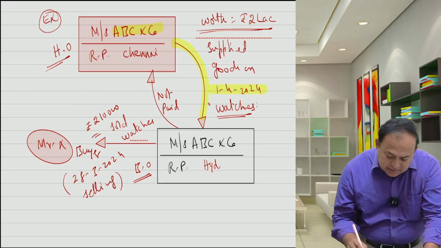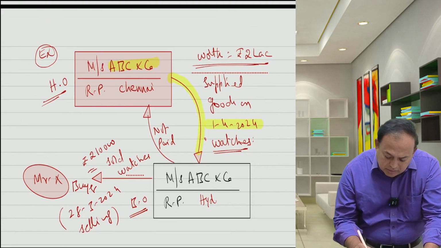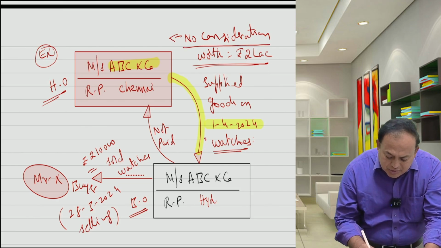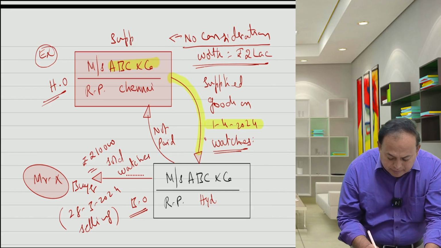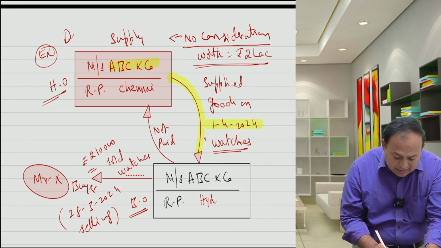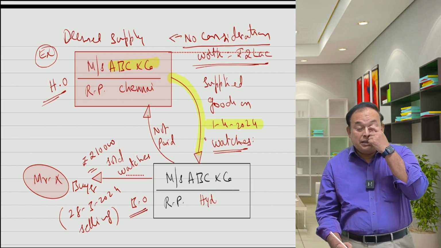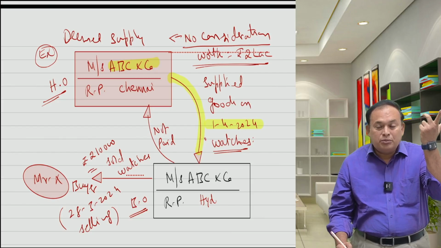Here, this supply has no consideration. Even though there is no consideration, it is called a supply, namely deemed supply. Why deemed supply? They are covered under Schedule 1, point number 2.